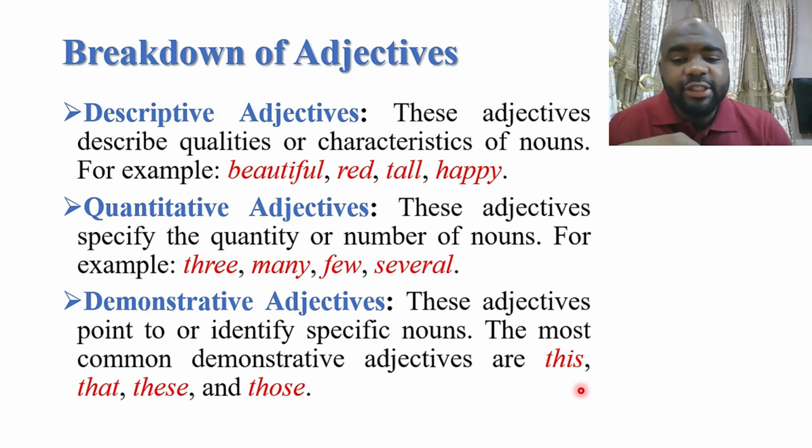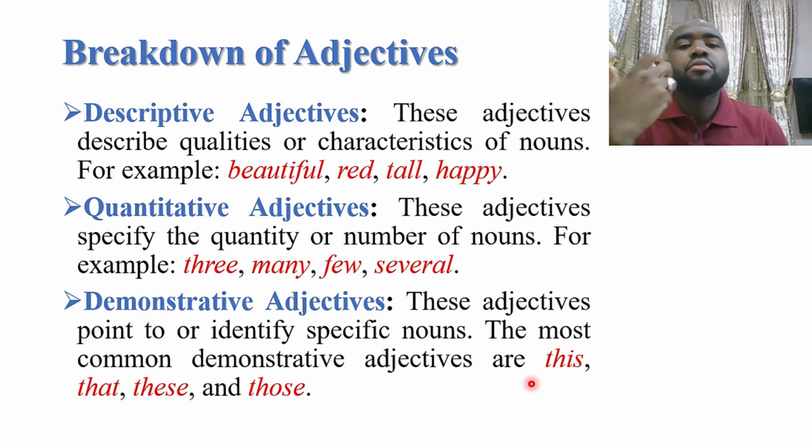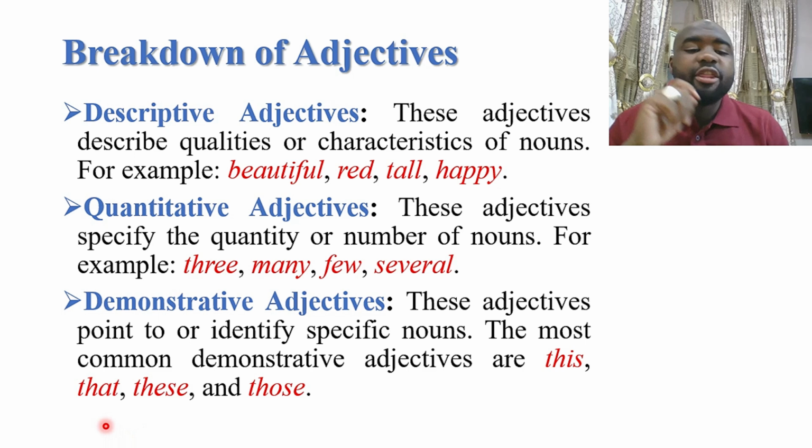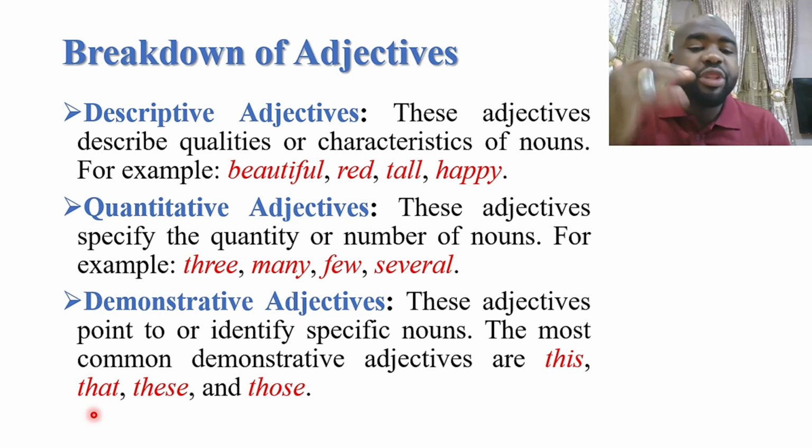This is singular. It signifies something or a noun that is near or close to you, within your reach, something you can touch. And that is also singular. That's something singular yet far away from the speaker.